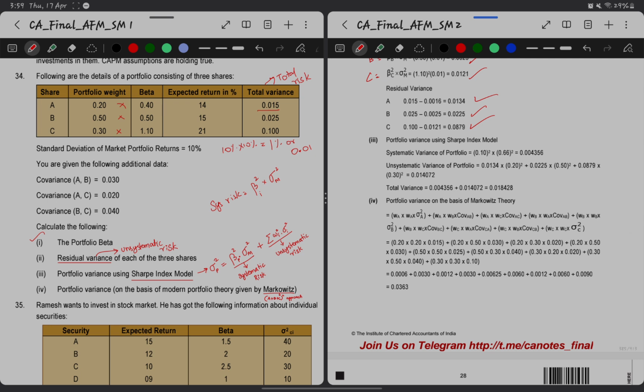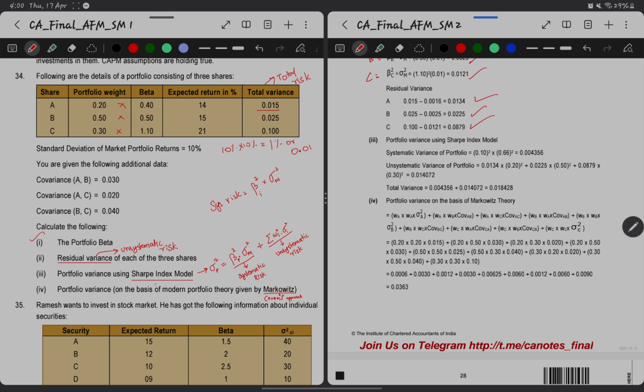So for systematic risk, it will be the variance of market multiplied by the portfolio beta squared, plus unsystematic risk, which is nothing but the individual variance of the stocks multiplied by the portfolio weight, squared also. That will give us the portfolio variance using the Sharpe index model.